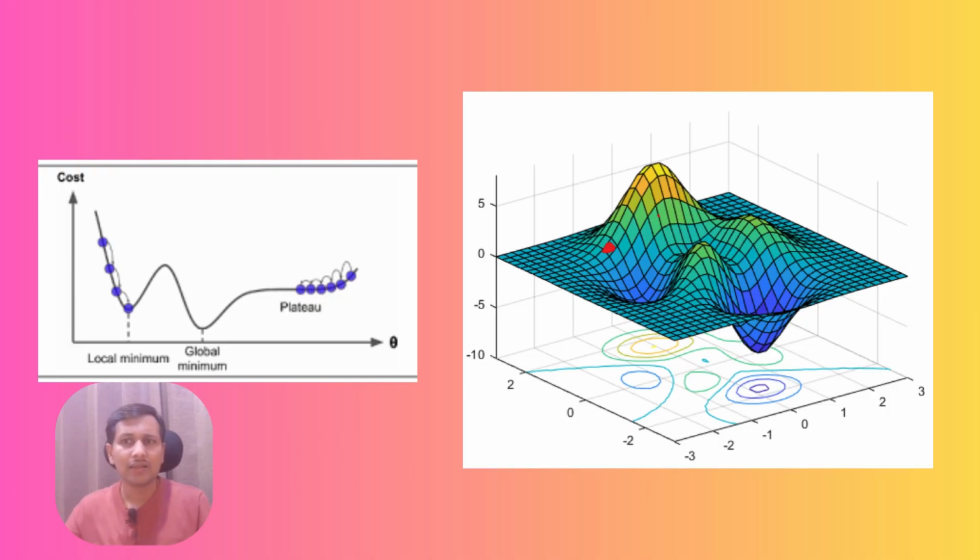Let us see the local minima: with the 4 training inputs we have taken here, it has got stuck in a local minimum. We can also see the 3D curve, which has both a local minimum and a global minimum.